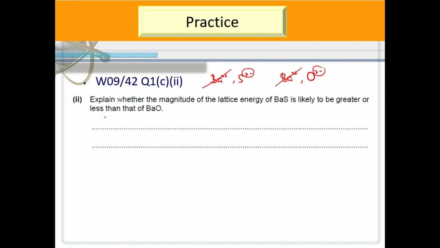So sulfide ion has a larger size compared to oxide ion. So the ionic bond between barium ion and oxide ion will be stronger. So the magnitude of lattice energy of barium sulfide is less than that of barium oxide.